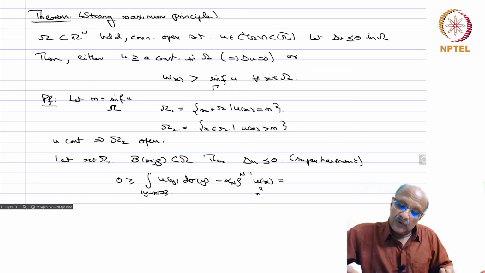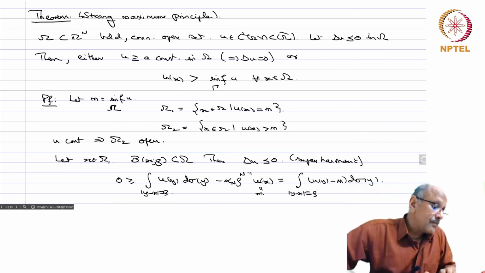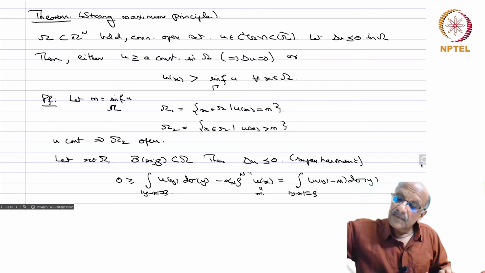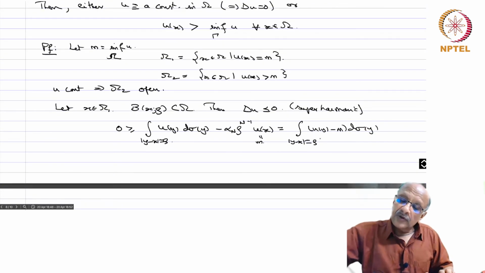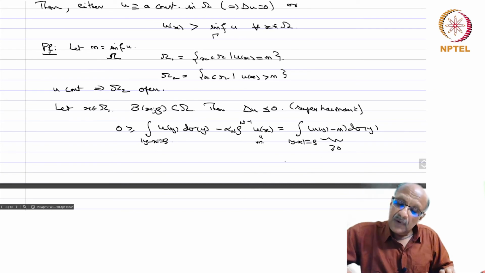So, this is equal to m, and therefore, this is equal to the integral over |y minus x| equal to rho of (u(y) minus m) d sigma(y). Now, this integrand is greater than or equal to 0 because m is the infimum, and therefore, this is greater than or equal to 0.